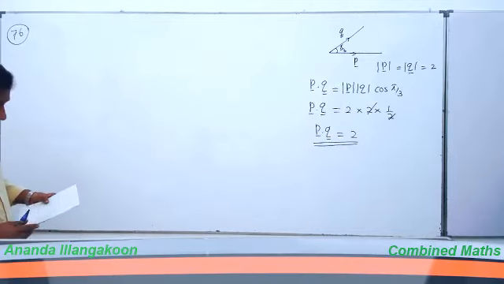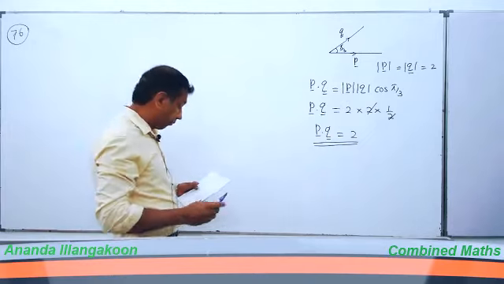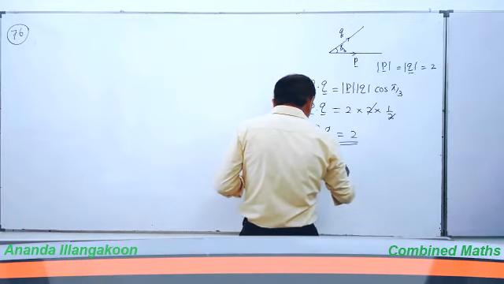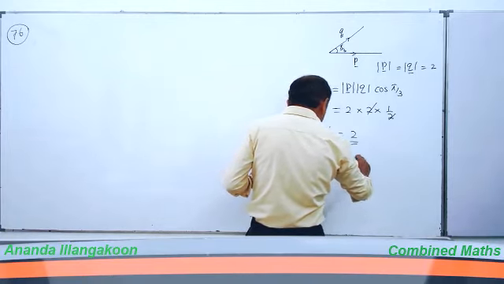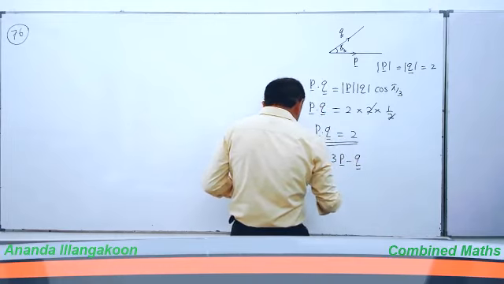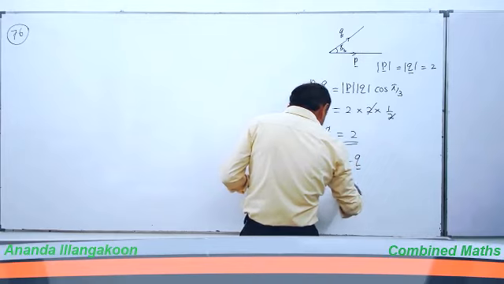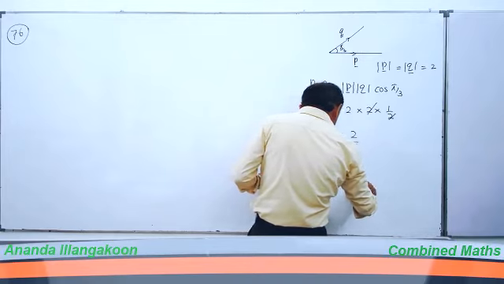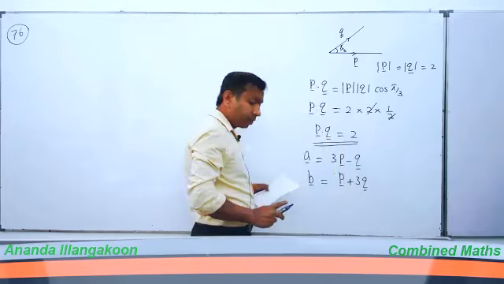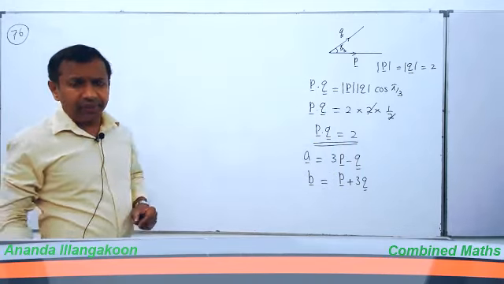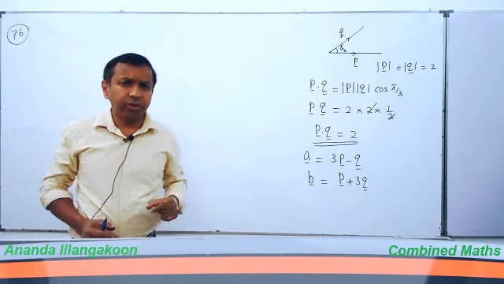Right. Now, we are given vector A as 3P vector minus Q. Vector B given as P plus 3Q. Right? Because for the vector A, there is a line segment.